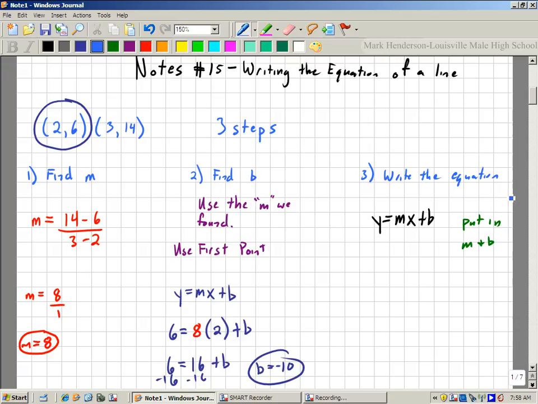Or they didn't put in anything, they just put the answer as b. So be careful, you have to put in both of them. So y equals 8x and then it's minus 10. That's the equation of my line.